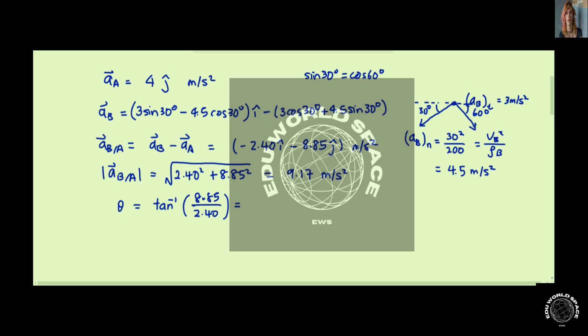To visualize the relative acceleration, this is how it is pointing, and this angle is 74.8 degrees. So this is the magnitude of the relative acceleration and the direction from the horizontal. And that's all for this question.